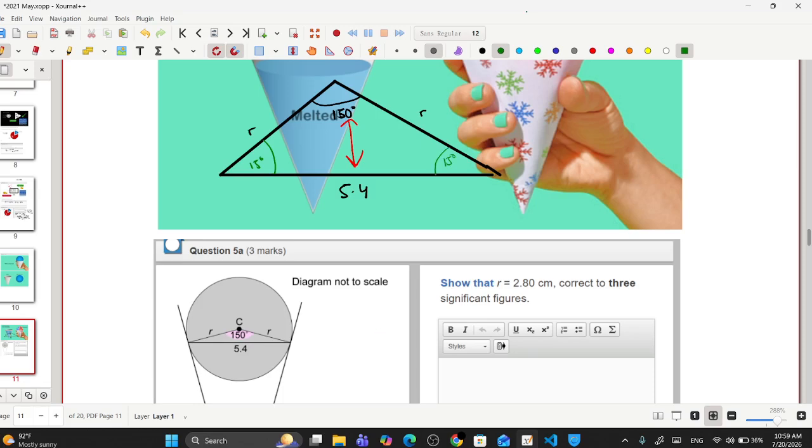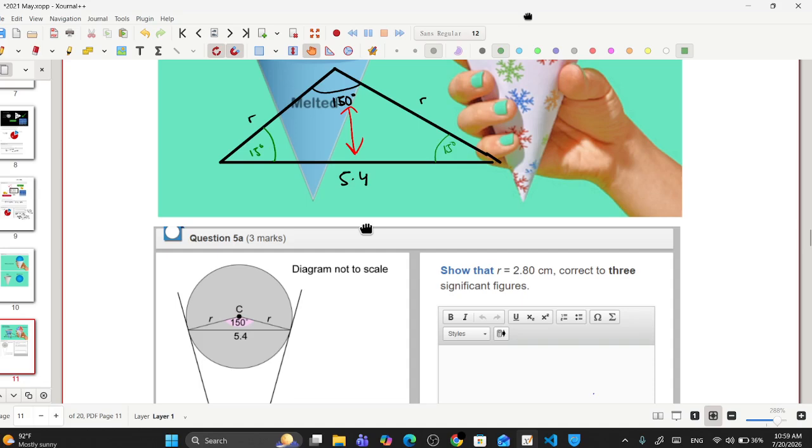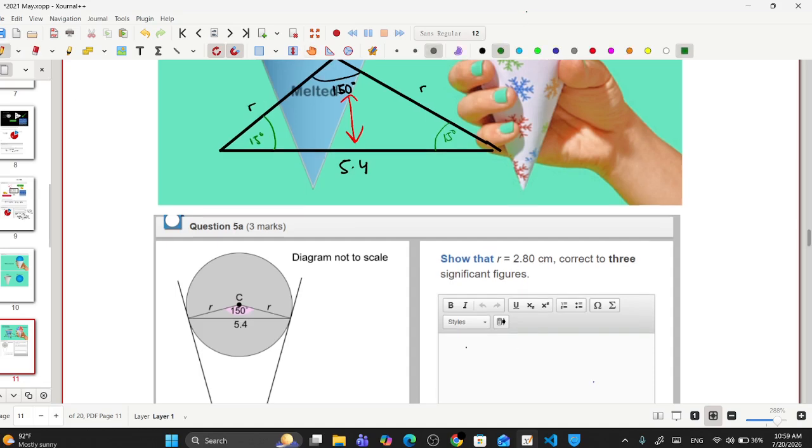So since a pair of angle and side is given, in that case, I always use the sine rule. So if you were to use the sine rule, what answer would we get? Very easy. We would get r over sine of 15 equals 5.4 divided by sine of 150.